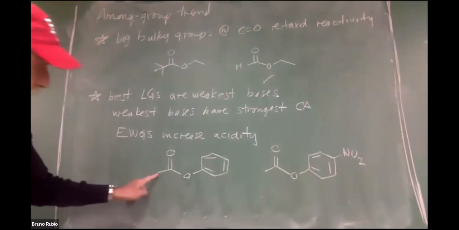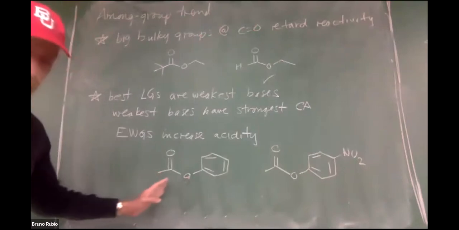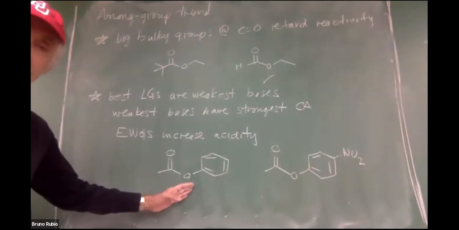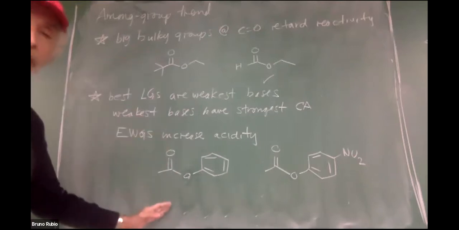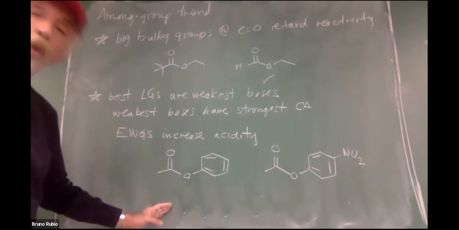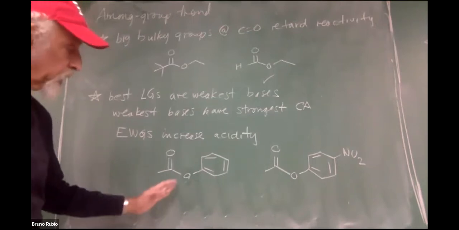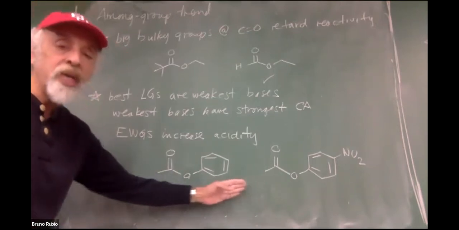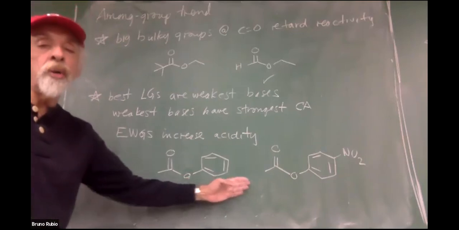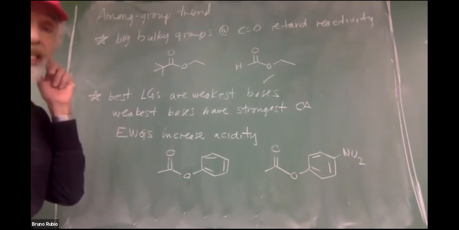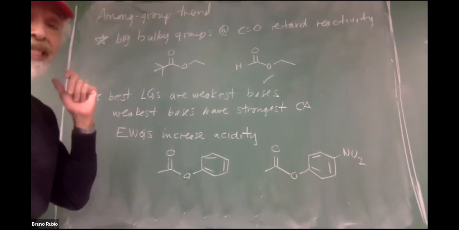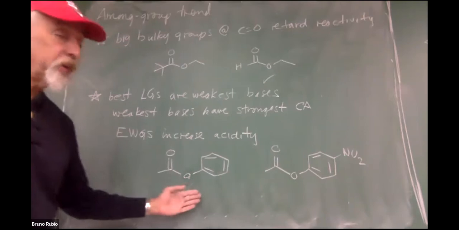And notice that at the carbonyl, the bulk of these two groups is about the same. So we're not looking at this trend up here about the big bulky groups. Now what we're looking at is just the quality of the leaving group. So tell me, which one of these esters is more reactive? Are you trying to guess which one of these esters would be more reactive?